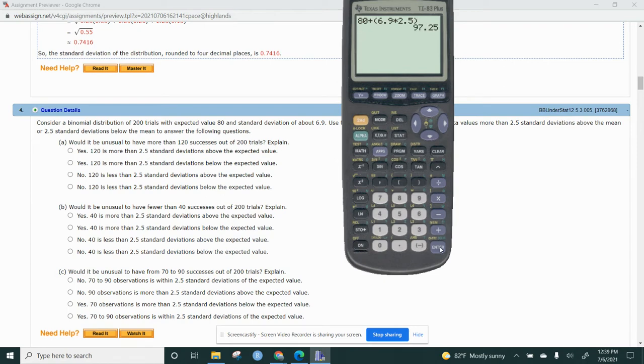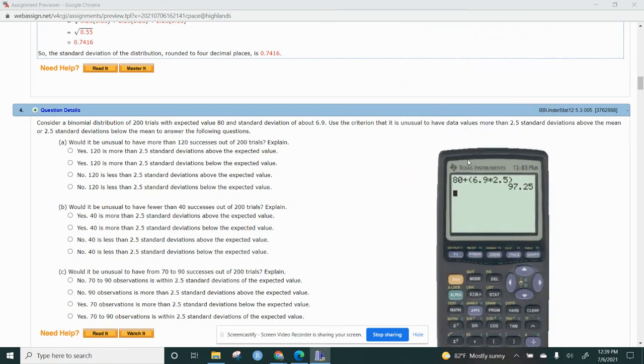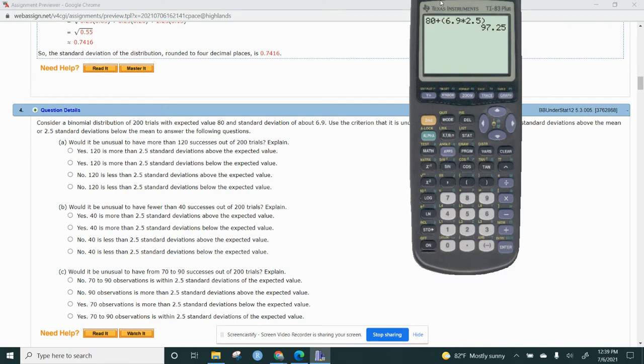So I've got 97.25, which is above the mean. So anything above about 97.25 successes is considered kind of outside of it. So it's higher than it, so I wouldn't expect it to happen.